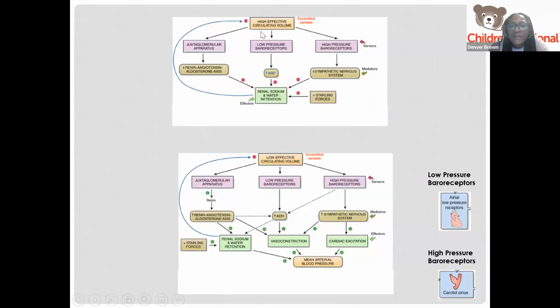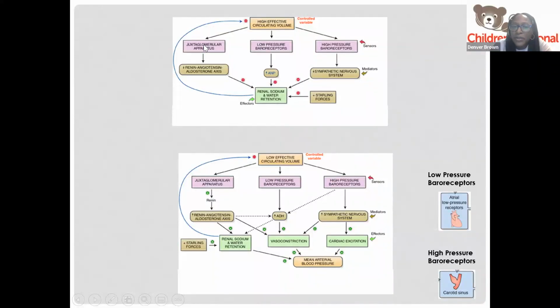So when I talked about this effective circulating volume and what happens, whether it's high as in the first picture or low, when we think about the different mediators like the RAS system, as well as the other hormonal regulators, in states of high effective circulating volume, so really your volume expanded states, the juxtaglomerular apparatus of the kidney, low pressure baroreceptors, which are found in places like the atrium of the heart, as well as high pressure baroreceptors, which are found in places like the carotids, are then activated.